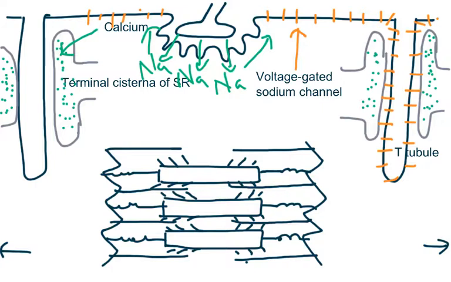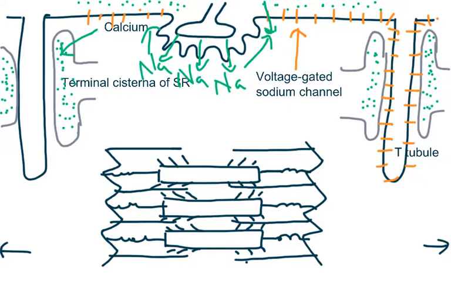Okay? So that's where we are right here. Now, sodium, we've already seen, is high outside the cell. We'll keep drawing sodium in green here, now just as green dots. If sodium is high outside the cell, and I just open a voltage-gated sodium channel, that sodium is going to come in.